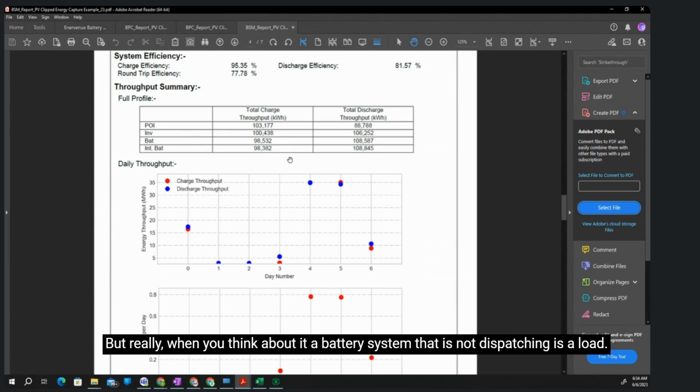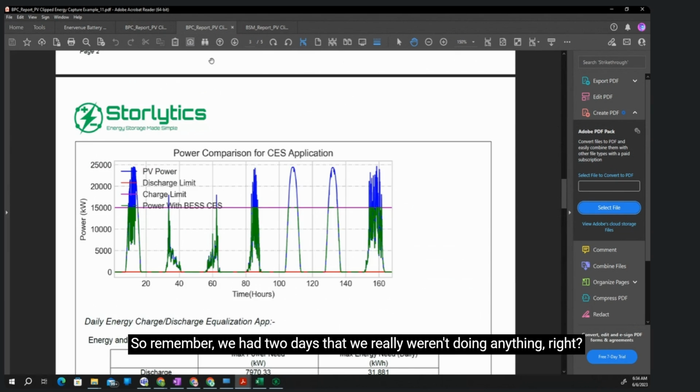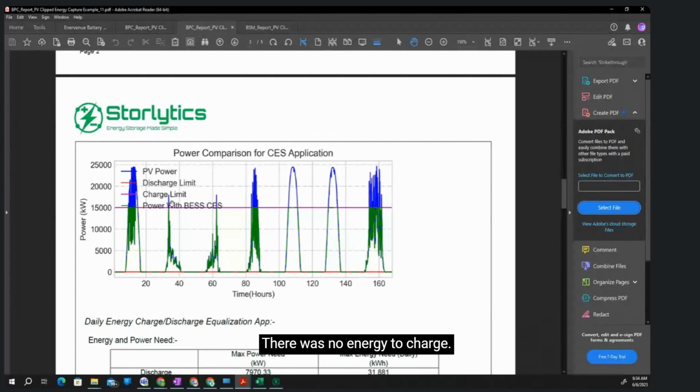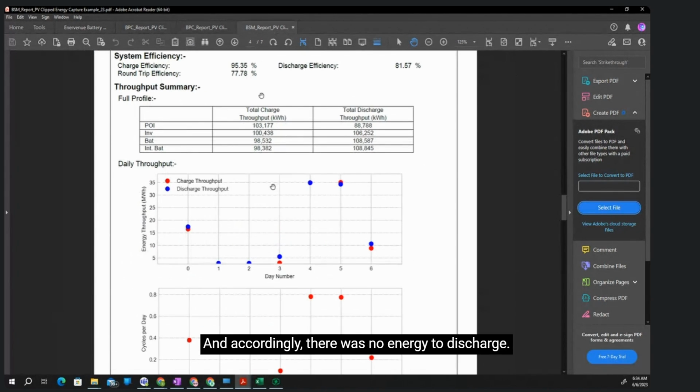But when you think about it, a battery system that is not dispatching is a load. Remember, we had 2 days that we really weren't doing anything. There was no energy to charge, and accordingly, there was no energy to discharge. So the battery system is just sitting there cooling the cells, right?